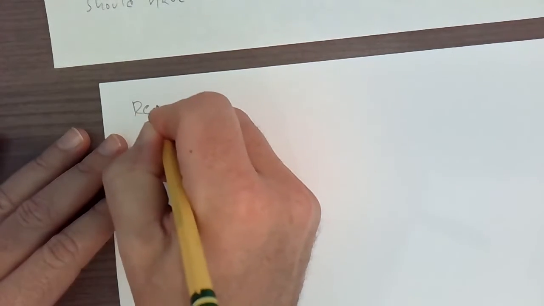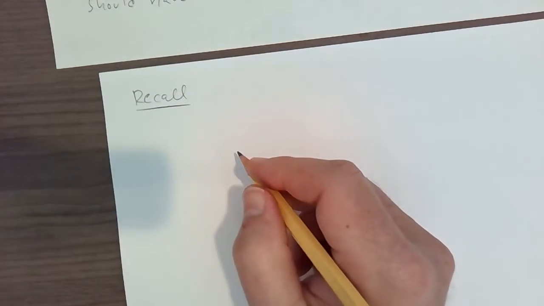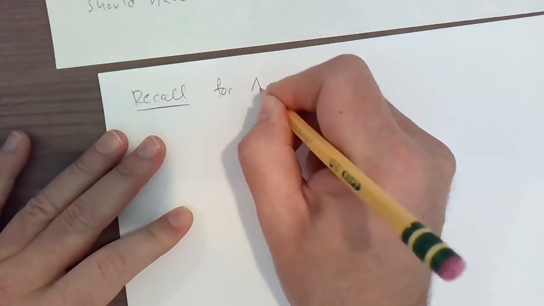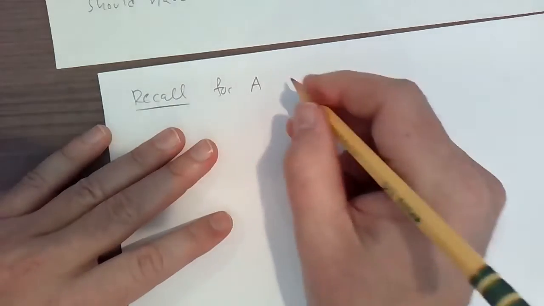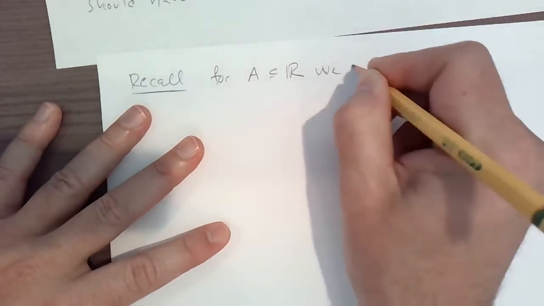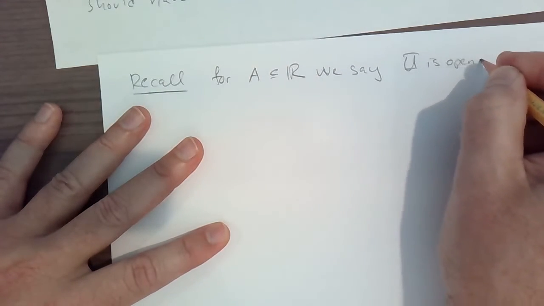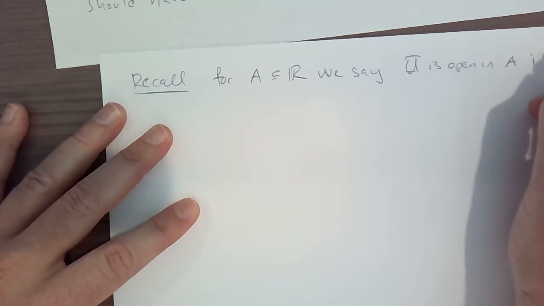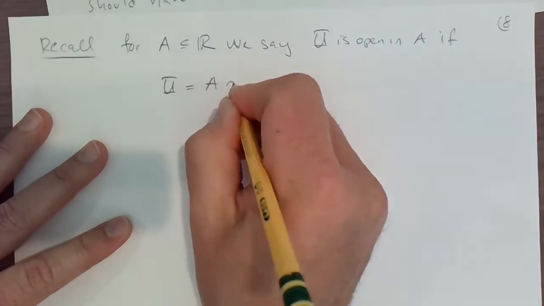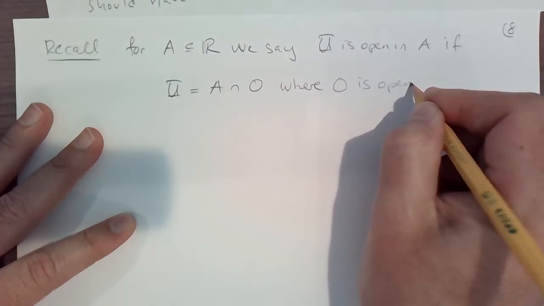So recall that for a set A in R, we say that U is open in A if U has the form A intersection with O, where O is open in R.